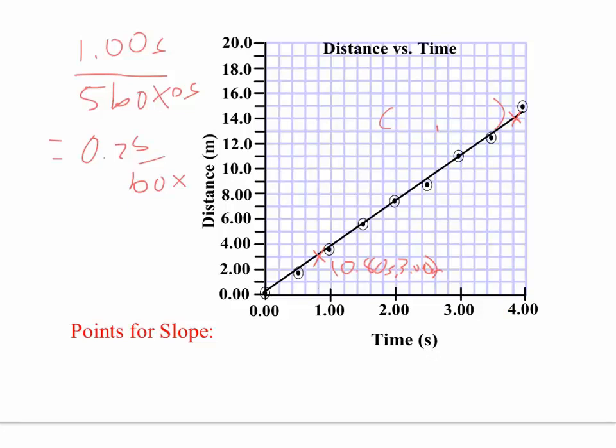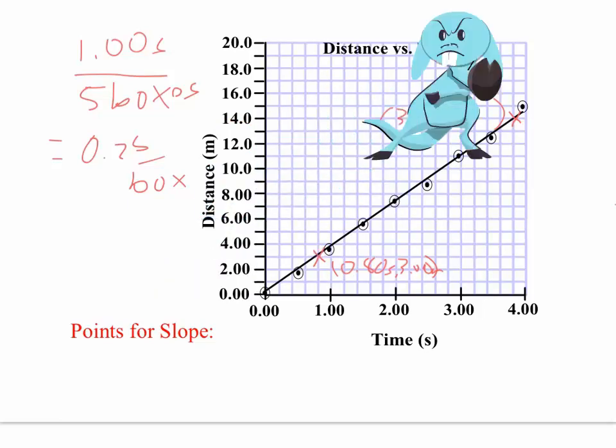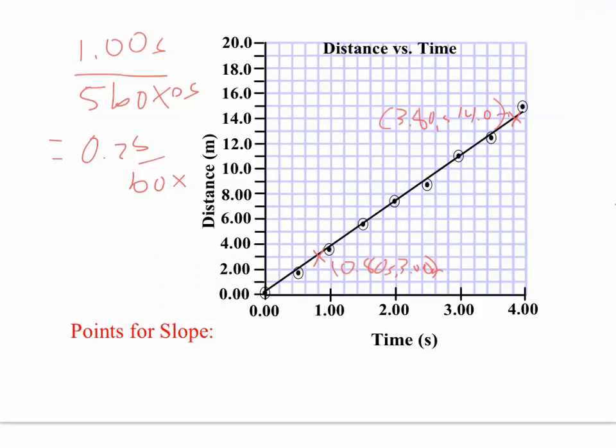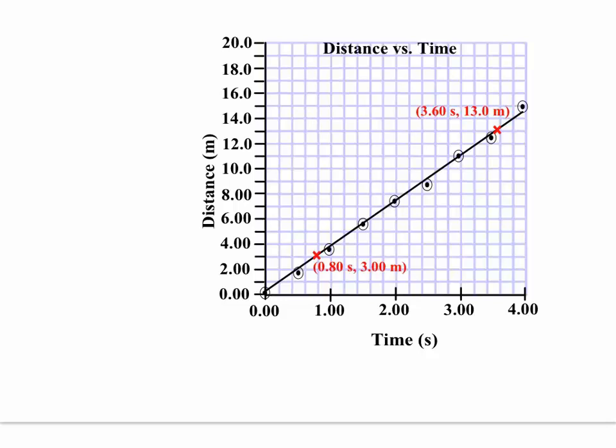So let's label that right on the graph itself. The distance crosses right at 14.0 meters. That's a little sloppy, but I have a cleaner version a couple slides ahead. Ta-da!